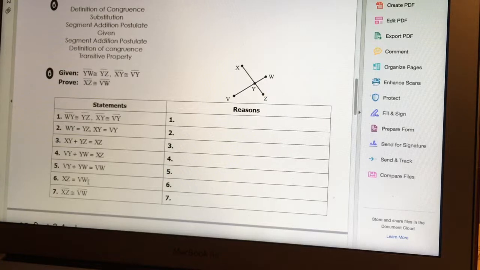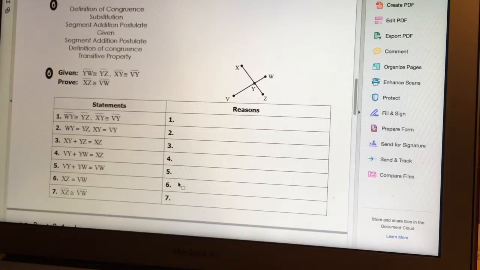So xz equals vw. Where could those have come from? Well, we have an xz and a vw right there, and they both equal the same thing. When two different things are equal to something that's the same, what allows us to say that those two things are equal to each other is the transitive property.